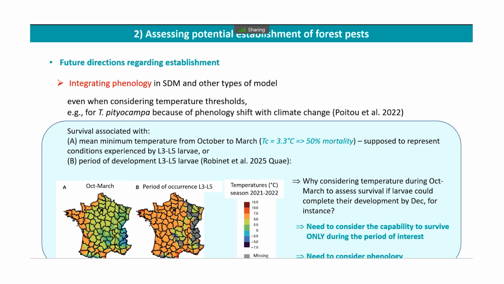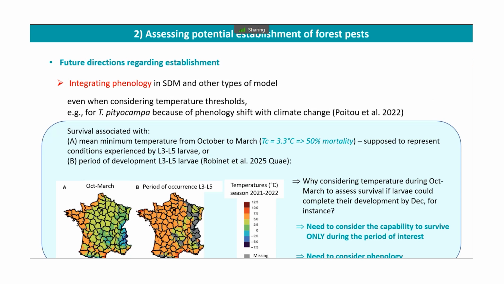So while we consider the temperature from October to March, the larva may have completed its development in December, for instance. So here I show the map. This is the mean of minimum temperature from October to March on the left during the season 2021-22, the winter.